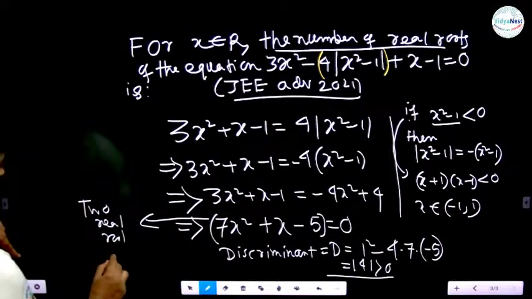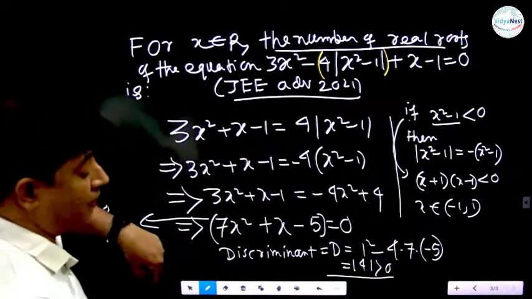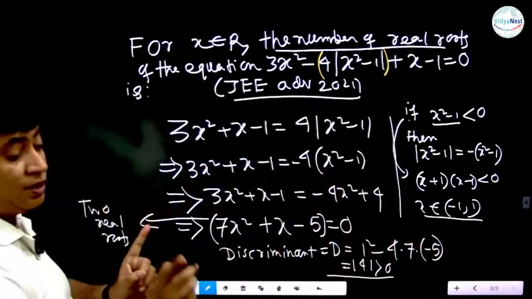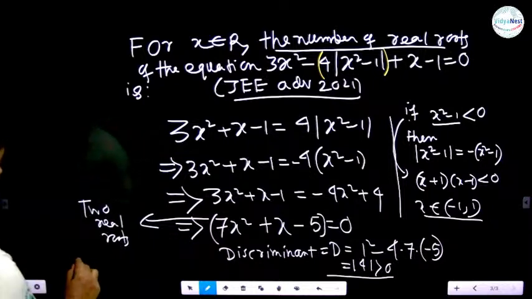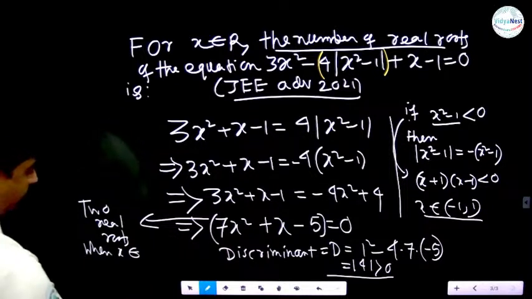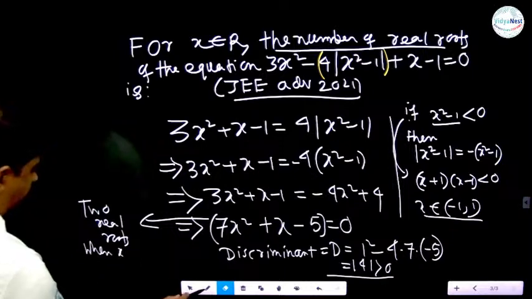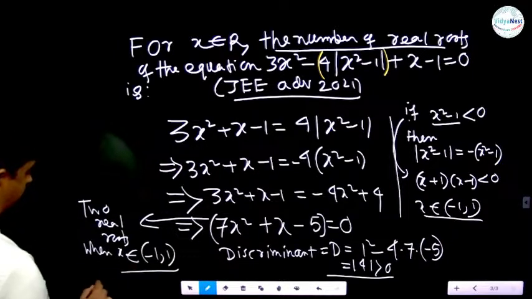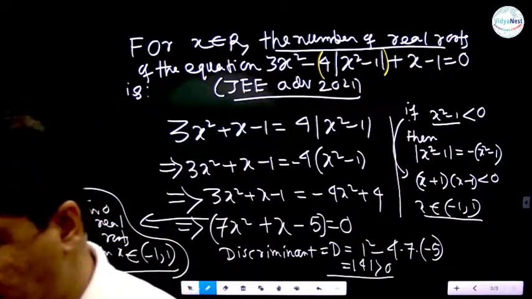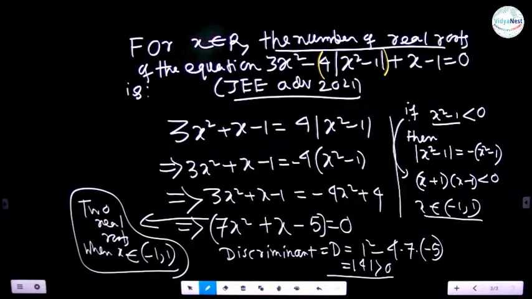So 2 real roots, but considering which condition? जब x -1 to +1 के बीच में आएगा. When x belongs to -1 to +1. ठीक है. Okay.